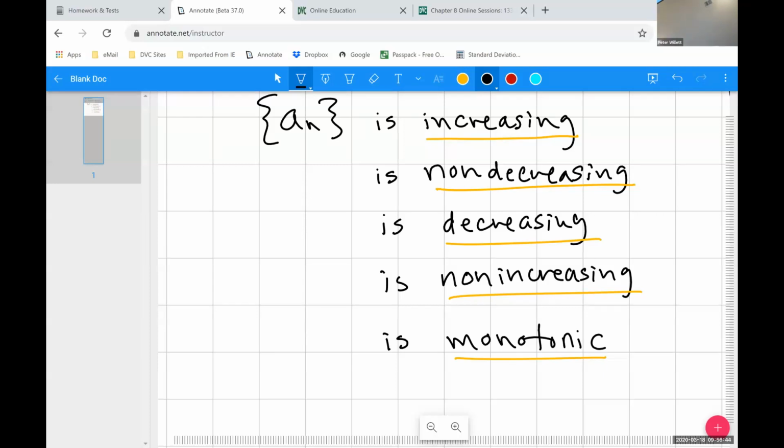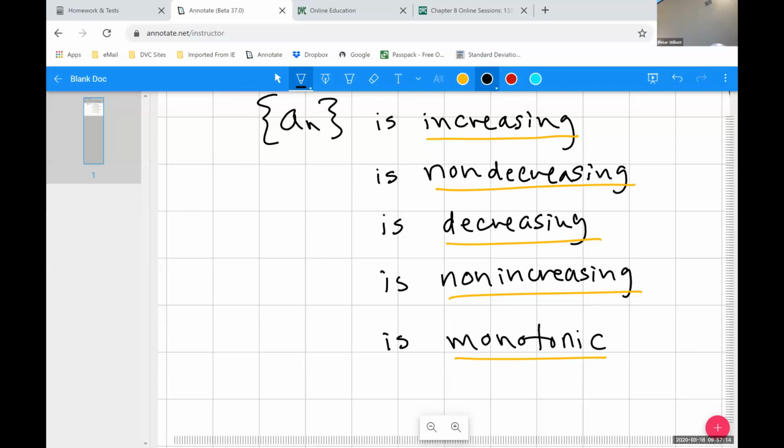So basically monotonic just means that it is either non-decreasing or non-increasing. So that it only moves up if it moves, or that it only moves down if it moves. And that means that it can't be both. So monotonic means one or the other, but not both. Either non-decreasing or non-increasing. And both of those can't happen at the same time.